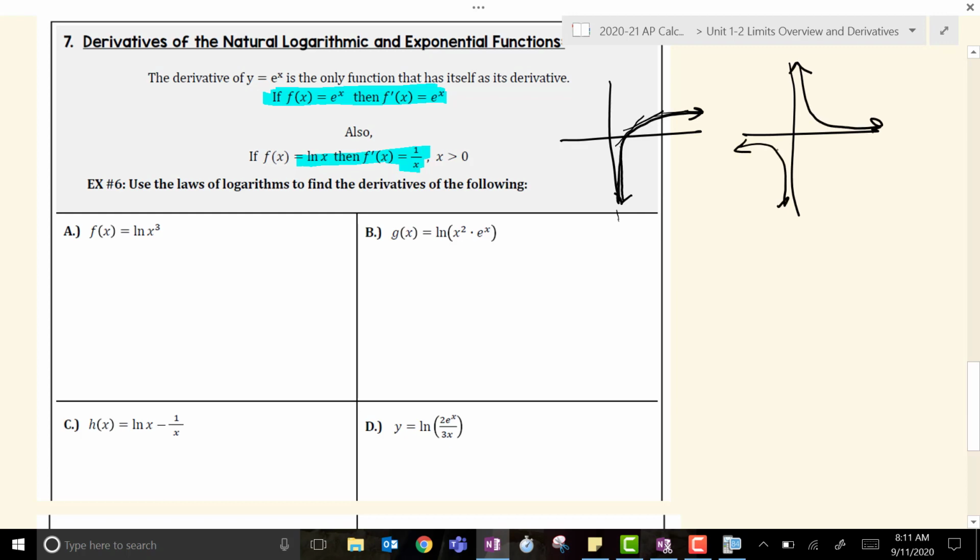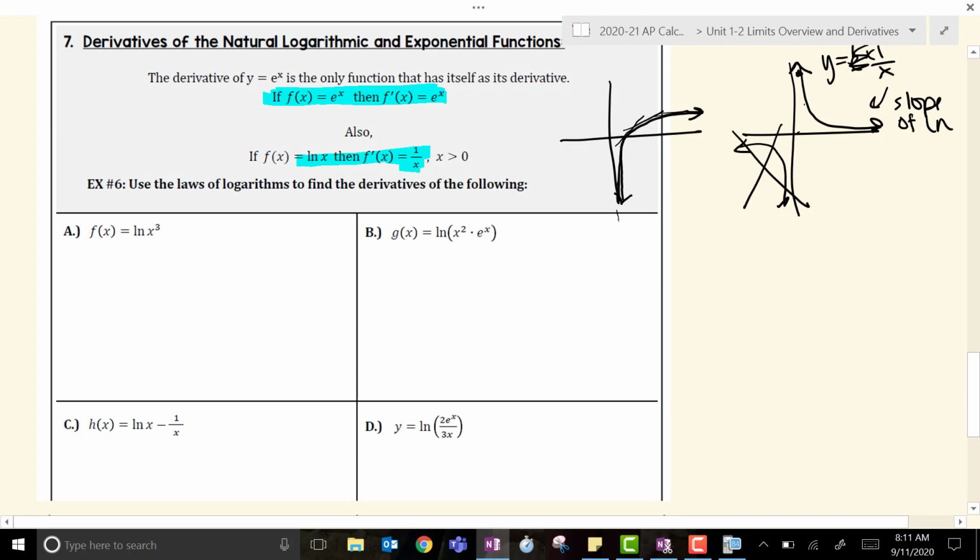Remember, we're only using x is greater than 0, so we're not going to be using that left-hand side of the graph. We're just looking at this right-hand side of this rational function. Let's say that this is 1 over x, and this represents the slope of the natural log. Let's look at that. At really tiny numbers, my output is very, very high, and we said that, right?